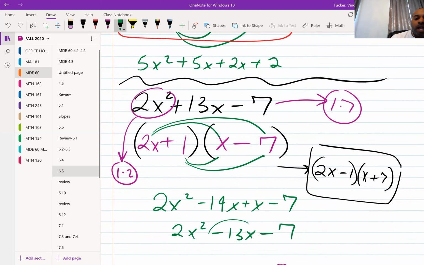So now when I add my two terms together, I get negative 13 in the middle, but I wanted positive 13. If ever that's the case, then all you would do is just switch your signs. I have positive here, negative here, and notice the answer right here is 2x minus 1, x plus 7. And so just switching your signs will give you the positive 13 that you need.